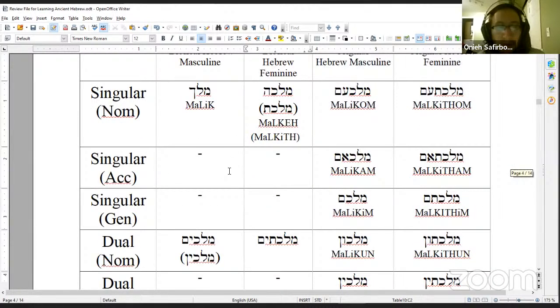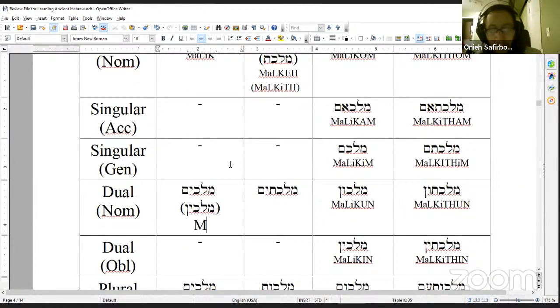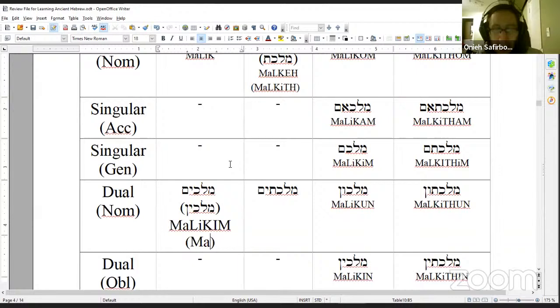And down here, we've got Malakim. And in parentheses, the original Malekin with an N. And for the feminine, we have Malekthim.